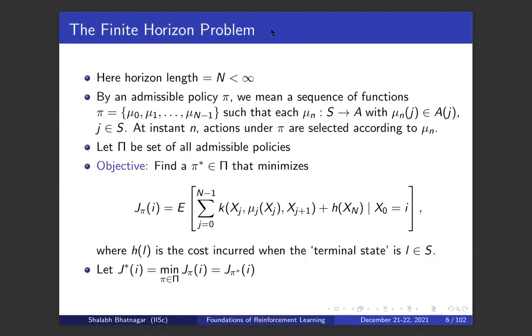There's something called a long-term objective, which is what the agent is trying to optimize. There are various ways in which it can be characterized. One of these is what we call a finite horizon problem. The idea here is that the agent is going to be selecting actions only over a finite amount of time, and that is a given quantity.